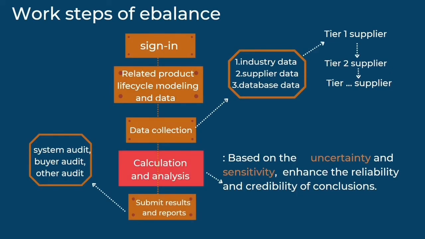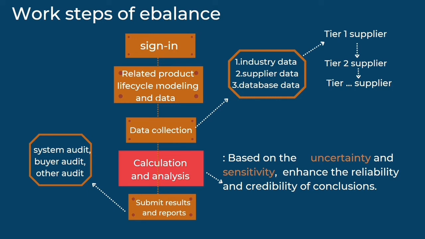So why do we choose ebalance? Now we can see the work steps of ebalance. First, we need to sign in and give our related product lifecycle modeling and data, and then the system will help you do data collection from industry data, supplier data, and database data. And the red part is very important. This one is calculation and analysis. This part can help analyze your data quality based on the uncertainty and sensitivity, enhancing the reliability of conclusions.